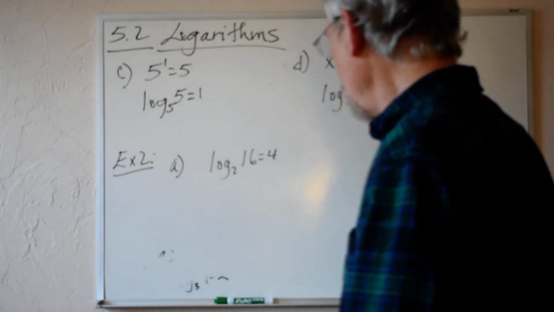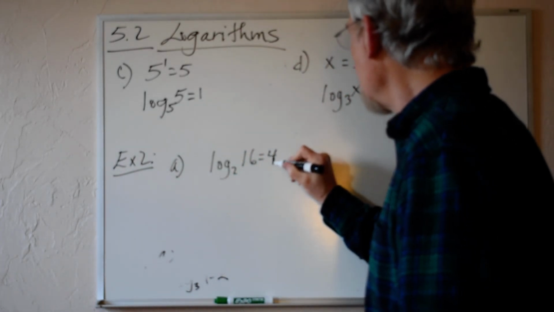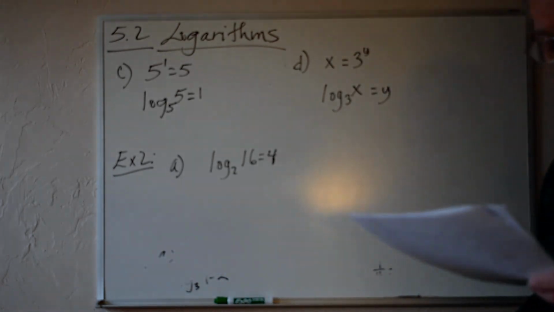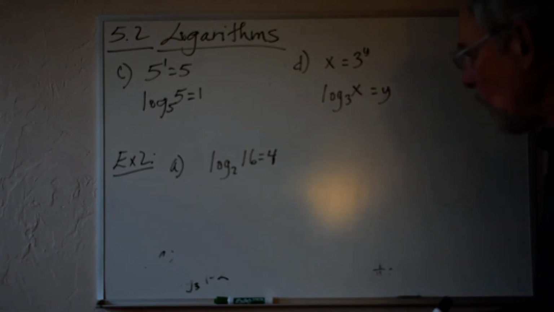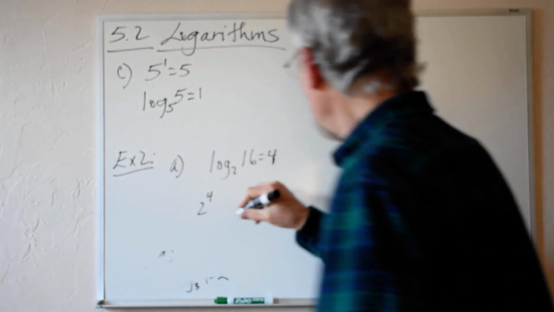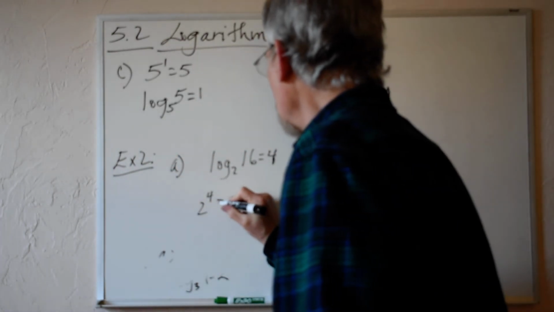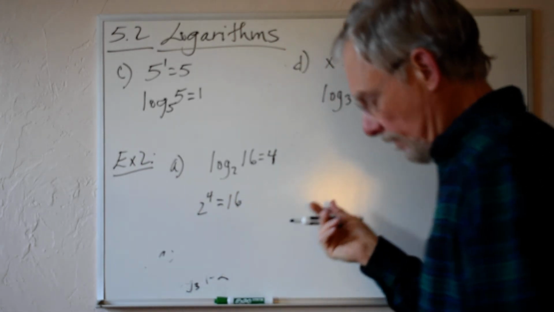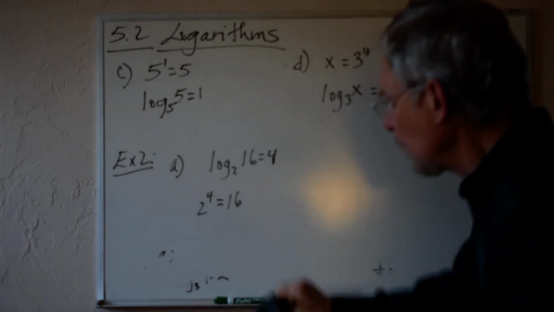That is a true statement. Write it in exponential form is what we're asked to do. Okay, this tells me that the base 2 to the exponent 4 equals 16. Again, an equivalent statement, just says the same thing.